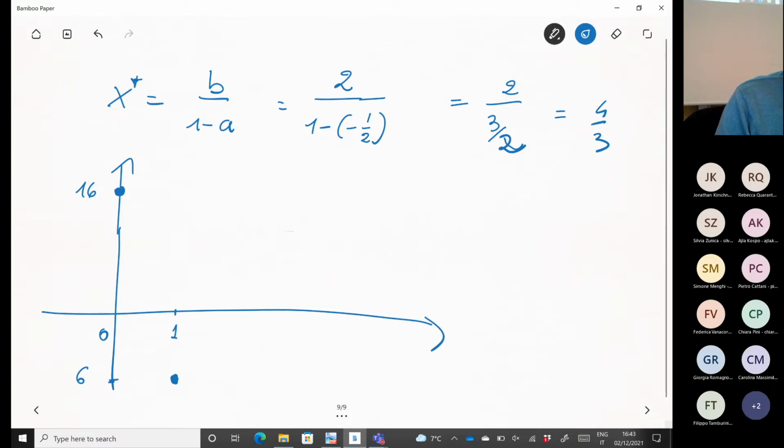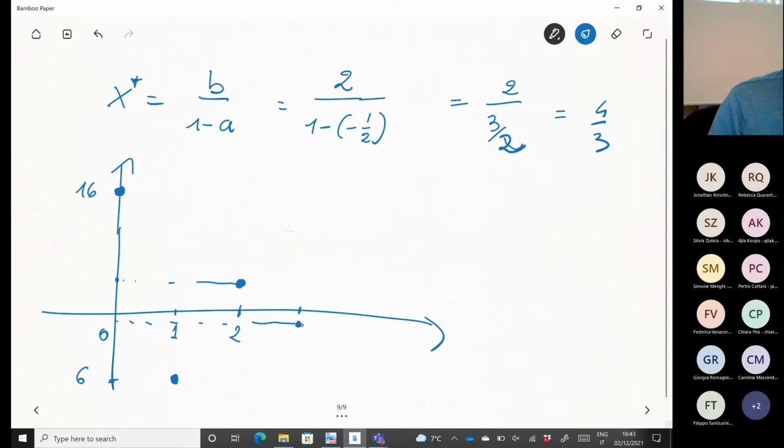Then at time 2 it jumps up again to 5, okay? So 5 is something about here. Time 2, it is again here. Time 3 it jumps to minus 1/2, which is somewhere here.